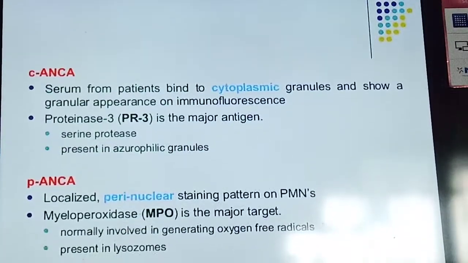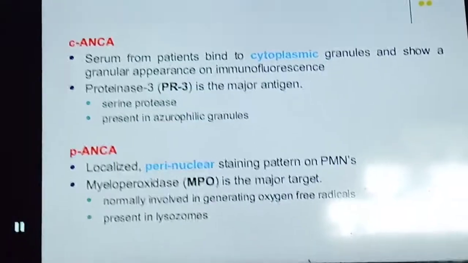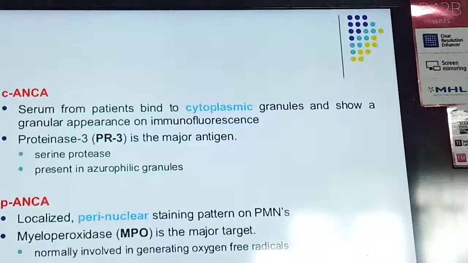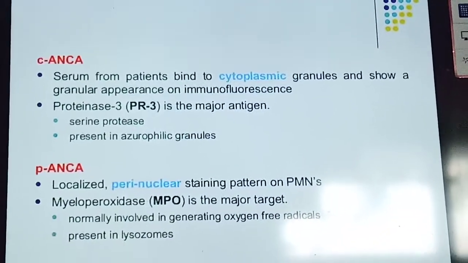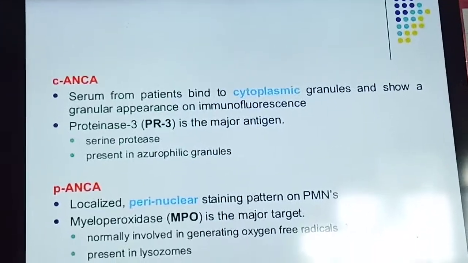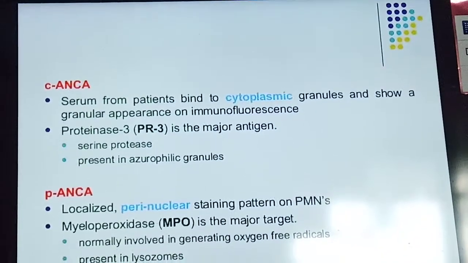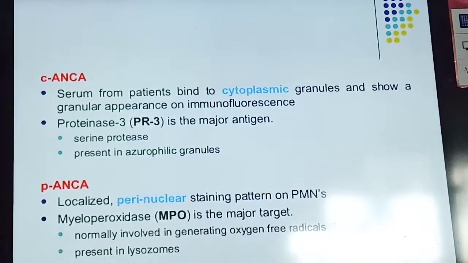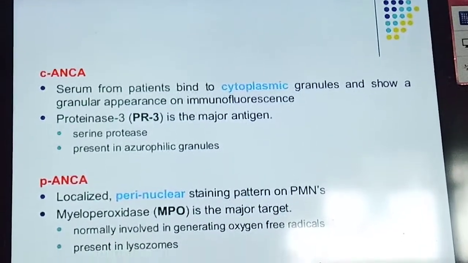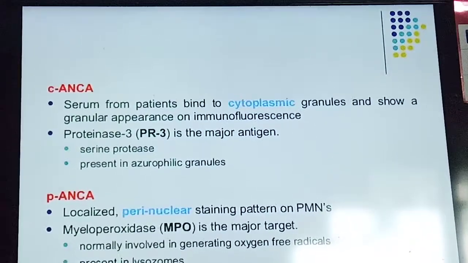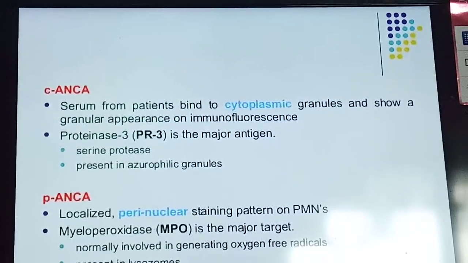Now the difference between C-ANCA and P-ANCA. With C-ANCA, serum from the patient binds to the cytoplasmic granules and shows a granular appearance on immunofluorescence. C-ANCA usually contains proteinase 3, or PR3, as the major antigen, an enzyme that is a serine protease present in the azurophilic granules.